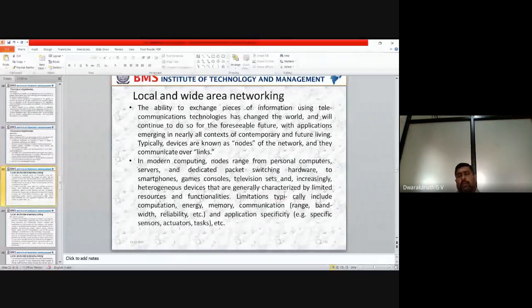See, when we come to military or defense services, assume that we will implement a project in the border of a particular country.